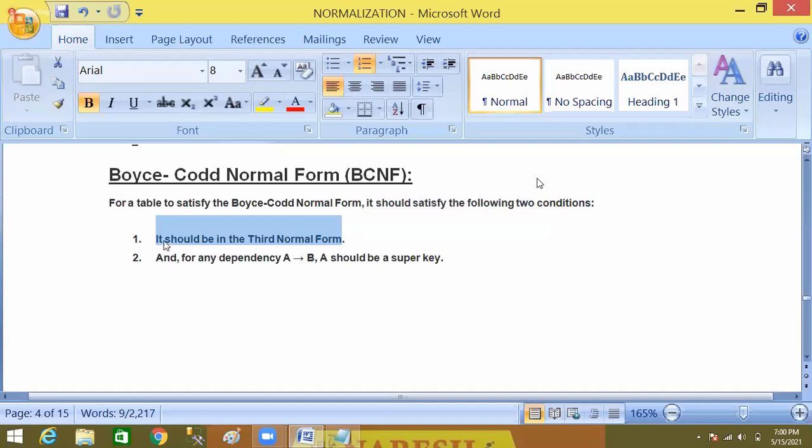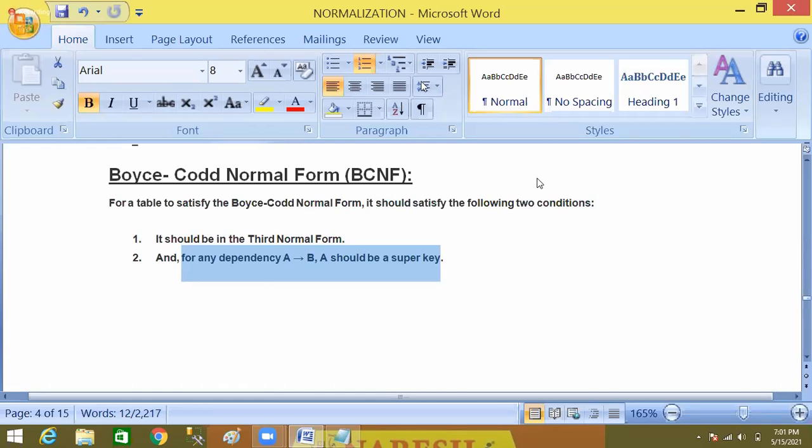The first condition is that it should be in third normal form. The second condition is that for any dependency A to B, A should be a super key. So the table should satisfy two conditions. One is that it should be in third normal form, which means there are no transitive dependency columns, as we already discussed.